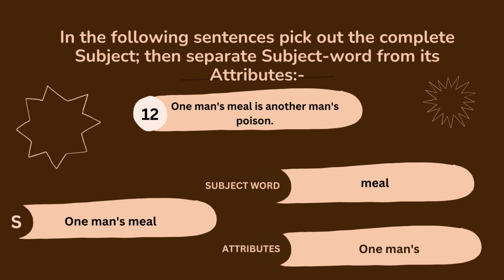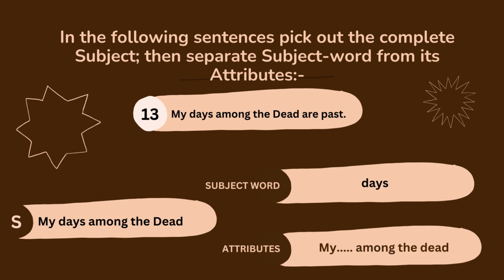Number 12, one man's meal is another man's poison. Here one man's meal is the complete subject of this sentence, and the word meal is the subject word, and one man's, these two words, are the attributes of this word meal. Number 13, my days among the dead are past.